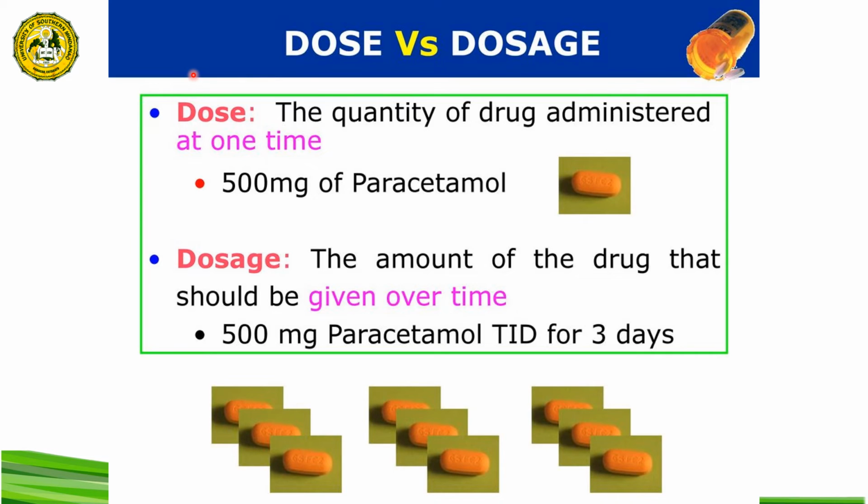As for example, in the case of paracetamol, it has a dose of 500 milligrams. For the dosage, that is the amount of the drug that should be given over time. So for example, 500 milligram paracetamol 3 times a day for 3 days.